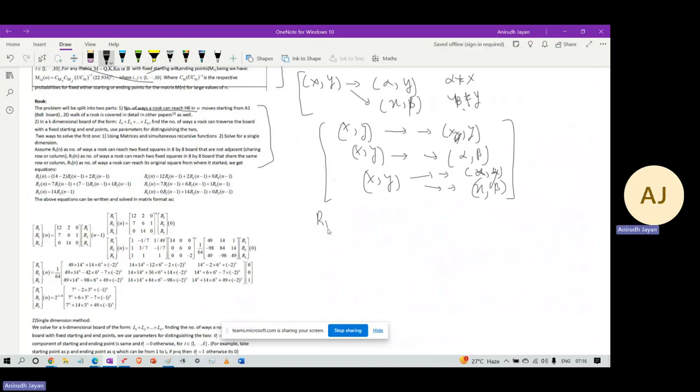Let us assume R1 of n has a number of ways. Both of them will change to a fixed alpha and fixed beta. And R2 of n has number of ways. Only one of them will change to a fixed alpha or a fixed beta. And R3 as returning back to the original square.